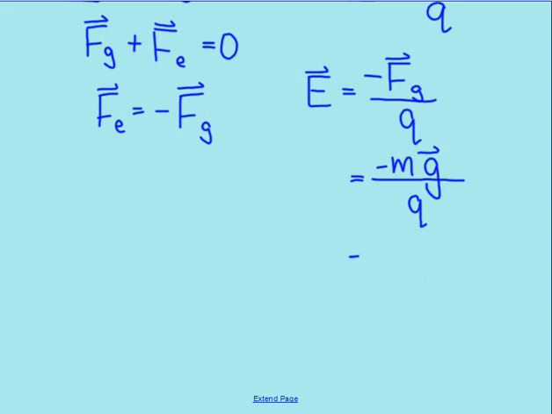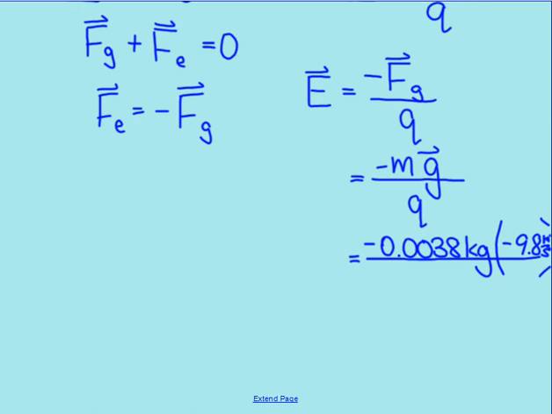The problem gives me mass in grams, but we know that when we're calculating a force, mass must be in kilograms. Therefore, I'm going to convert 3.8 grams into kilograms, which gives me 0.0038 kilograms. And there's a vector symbol on top of my g, so I'll use the negative 9.8 meters per second squared.